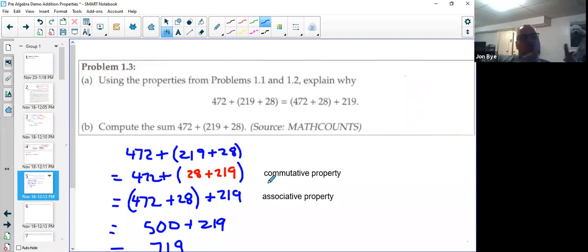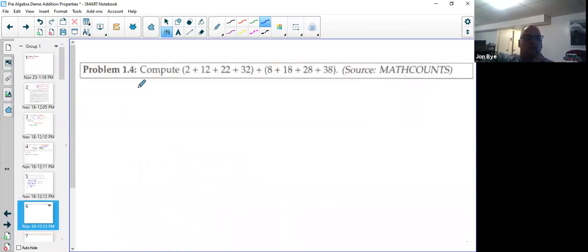If you know the commutative and associative properties work, we can do a question like this a lot easier. When you have all addition, you can commute and regroup and get something nice. Does anyone have an idea about how we could solve this problem neatly?